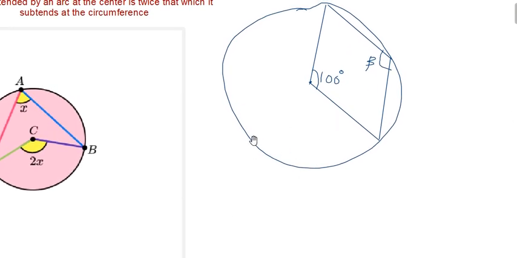How do we go about this? It's very simple. Let's say this is the center of the circle.